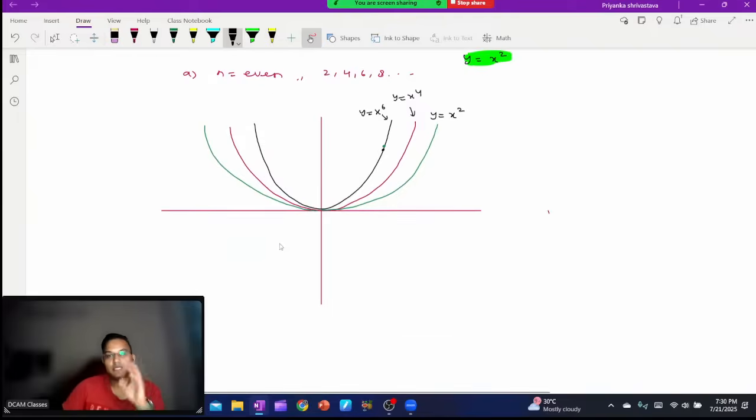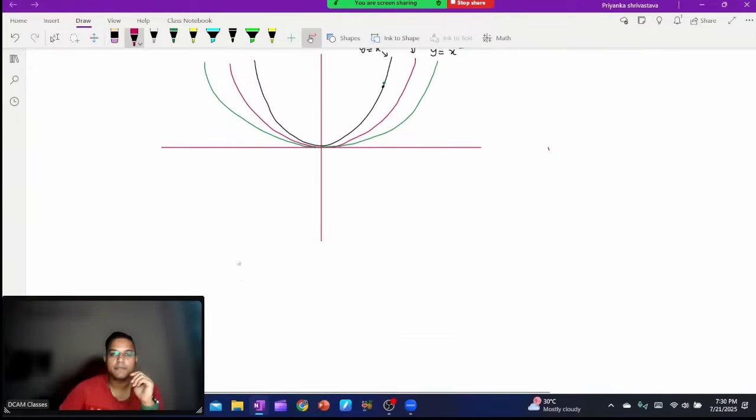Clear to everyone? See, if anyone has doubts anywhere, you can just stop me and ask me. Now let me move on to the next part. Y is equal to x power n when n is odd. So the graphs will be x. Let's not take x because that will become a straight line only, and every graph may not be a straight line.